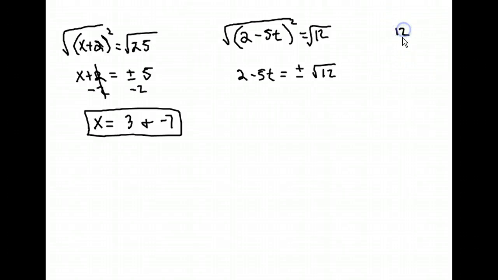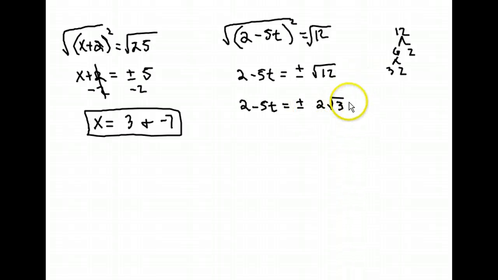Breaking it down now, 12 is 6 times 2, which is 3 times 2, so 3 times 2 times 2. So what will happen is you'll have 2 minus 5t equal plus or minus 2 root 3, because square root of 12 simplifies to 2 square root of 3.